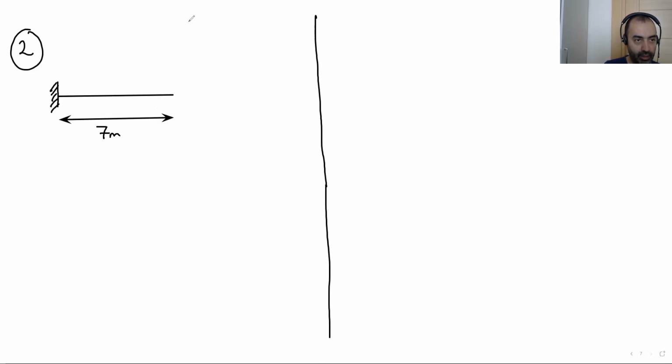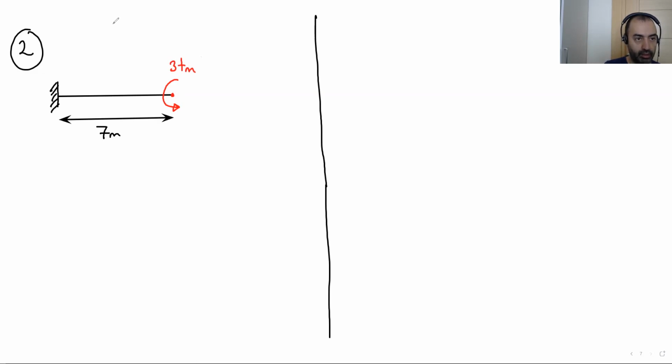At the end of this cantilever, I have a torsional moment, like 3 ton meter.